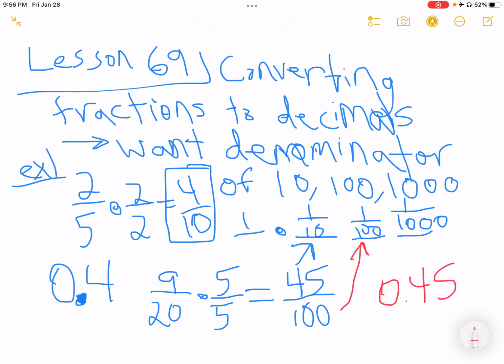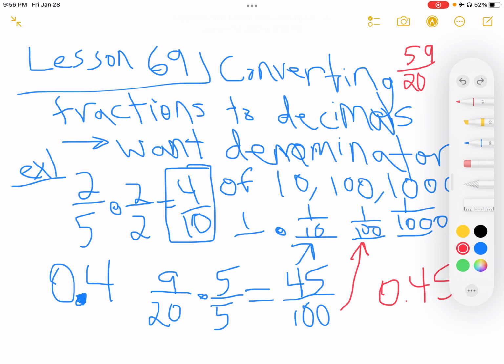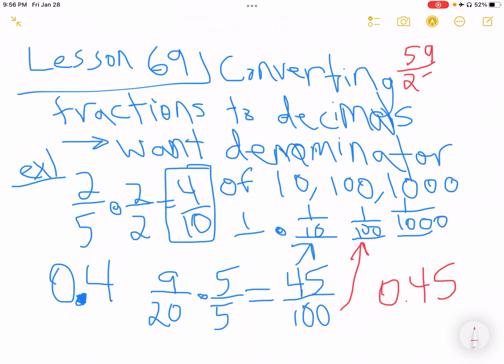The only other one I'll mention real quick, I'll put it up in this top corner because we're running out of room on this page, is 59 over, actually, it's over 250. You can see we'd want to multiply this number by 4 on both top and bottom.